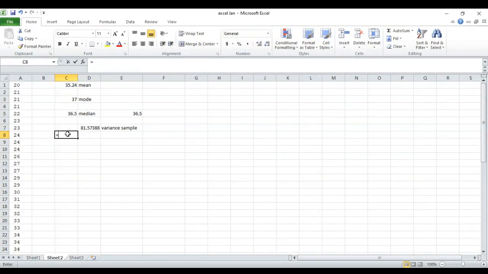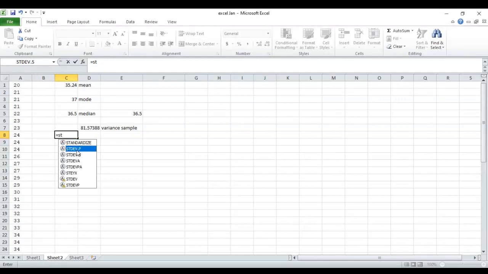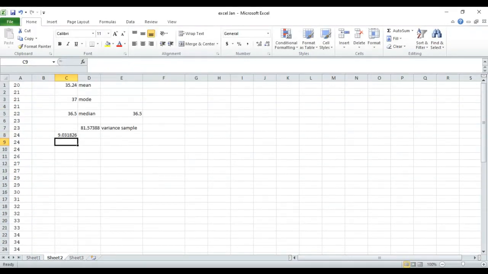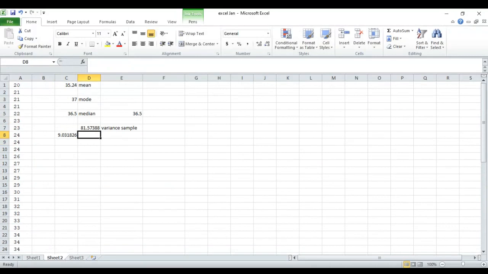And then we could do equals standard deviation. Dot P right here is again for the population. Dot S is for the sample. So I'm going to do dot S and pick my numbers. And again, stop me if you have any questions. And press enter. And that gives me the standard deviation of the sample.